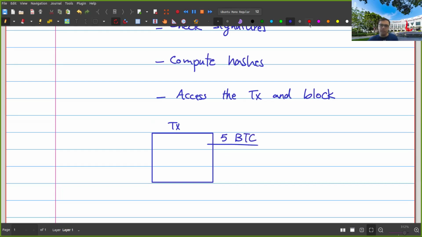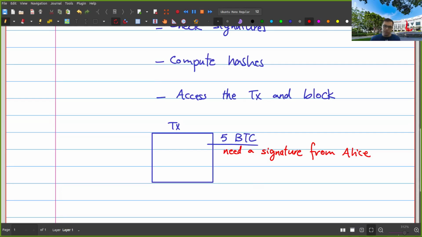When I say it's paying 5 Bitcoins to Alice, it means that the script here says that in order to spend these 5 Bitcoins, you need a signature from Alice. But I can also make it so that Alice can only spend these 5 Bitcoins after a particular time.